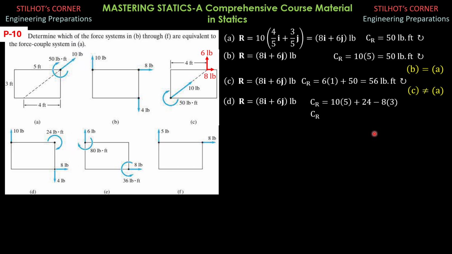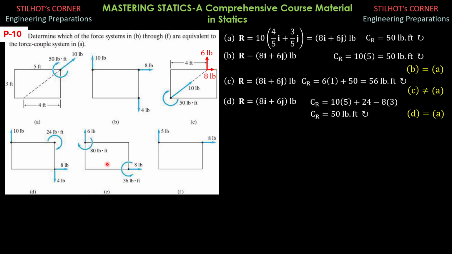Cancel 24, so it is 50, and it is clockwise. Clockwise is positive in this problem. So that's why the force system in D is equal to that of A.